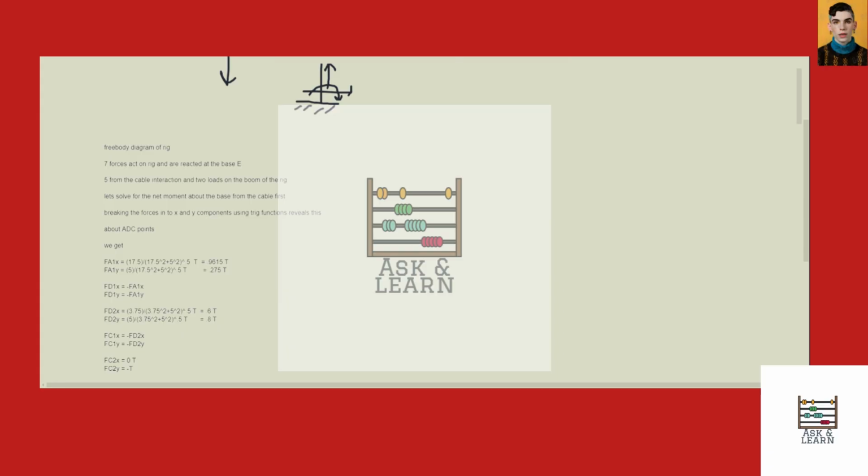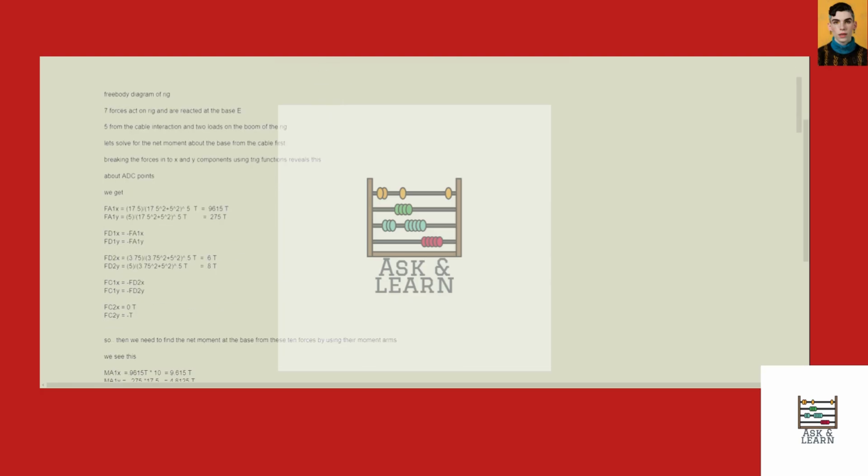The second cable attaches to point D also. So we do the trig for that cable going down. The force at D in the X direction is 3.75 divided by hypotenuse, or 0.6 T, and at point D in the Y direction is 5 divided by hypotenuse, or 0.8 T. At point C, we get the negative of that force acting at X and Y location.